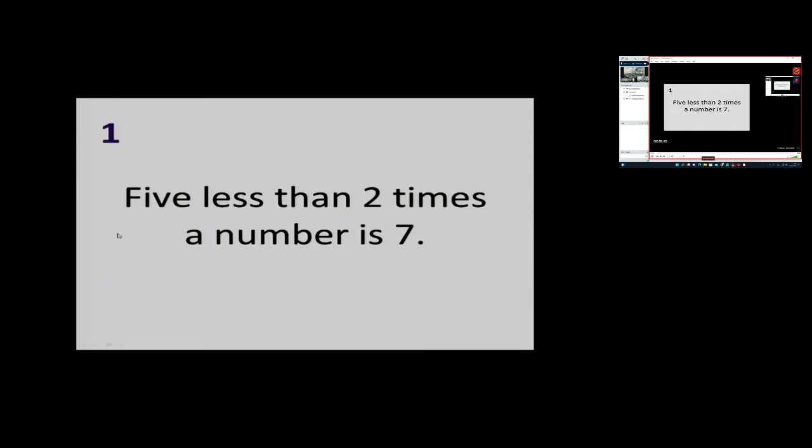Everyone, can you please read this? 5 less than 2 times a number is 7. How do you write that in an equation? Okay.